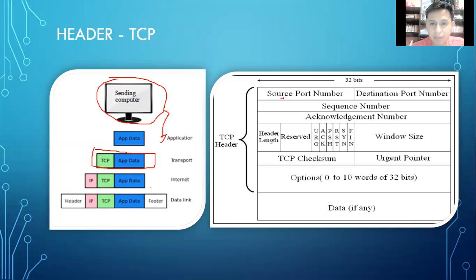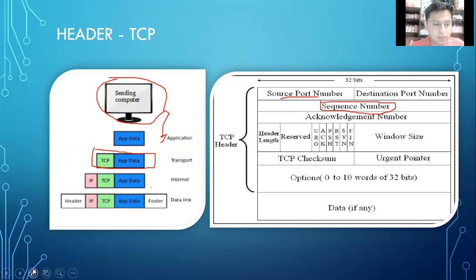It has the source port number and the destination port number. The source port is the origin port. The sequence number is for a duplicate message.